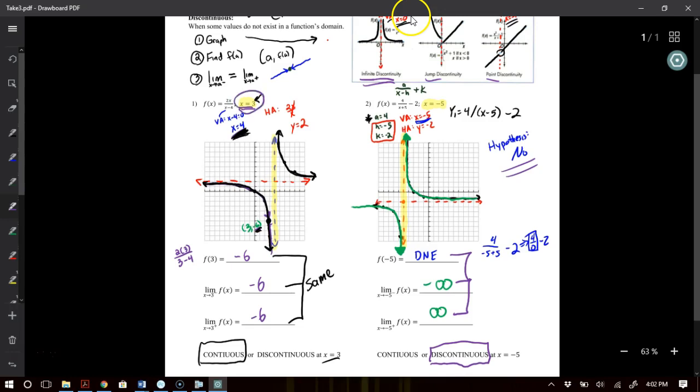If it doesn't, then it's going to be continuous. So when you do these three things, analyze, think first. Don't just go through the rhythm. Graph and make a hypothesis. Find f of a. Look at the point. Go through it.